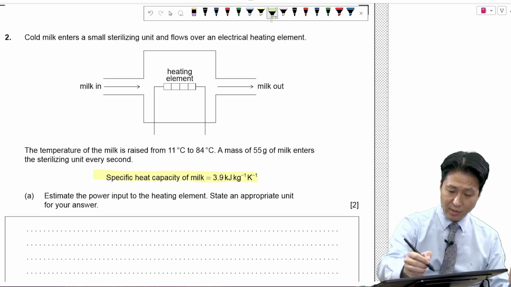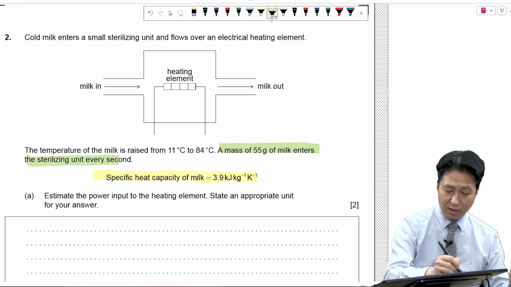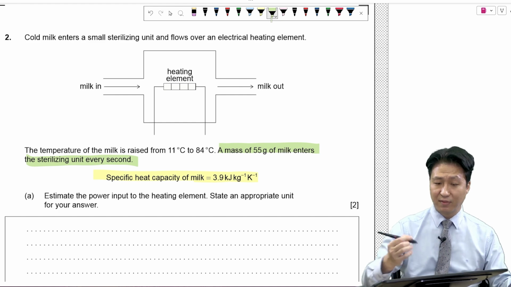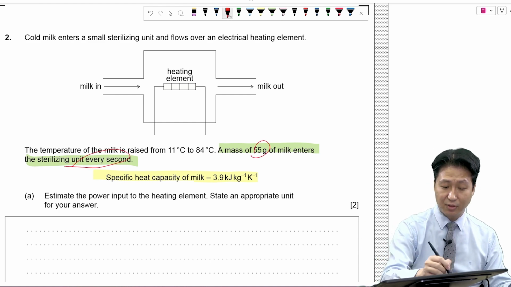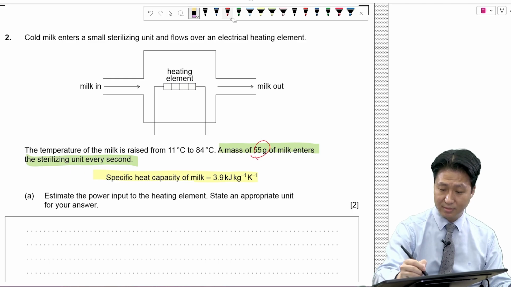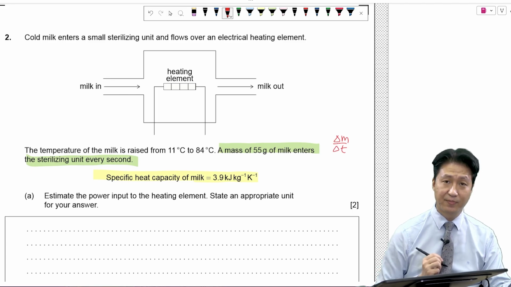First, this statement here has to be converted to a specific set of variables. It's mass per second, right? So it's a change in the mass over change in time.